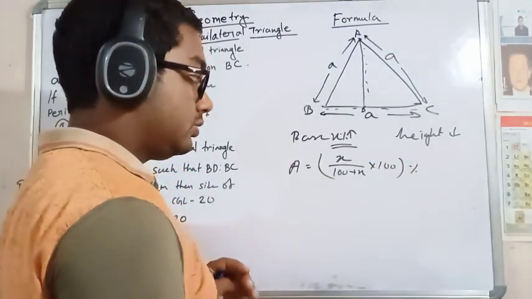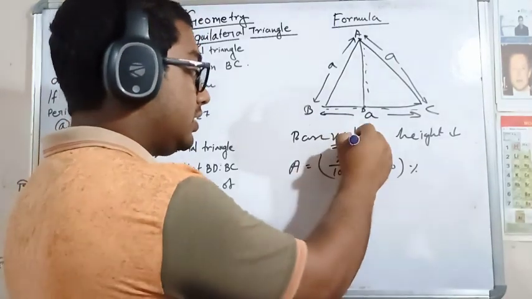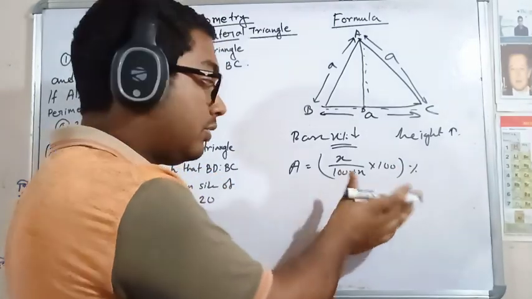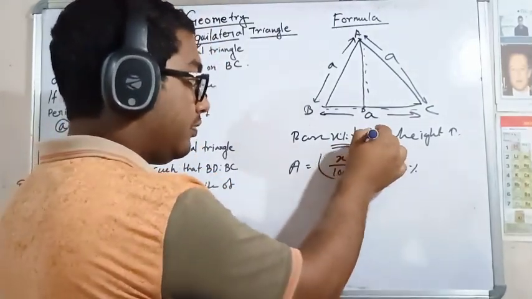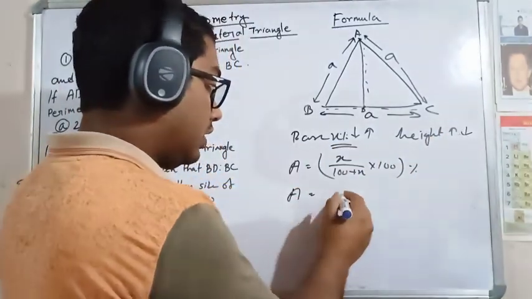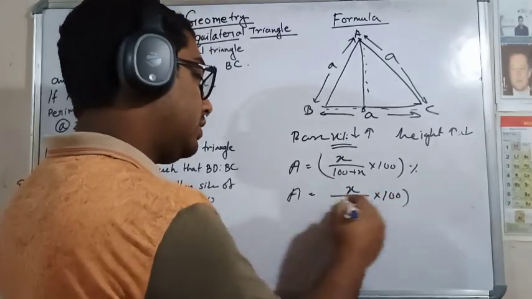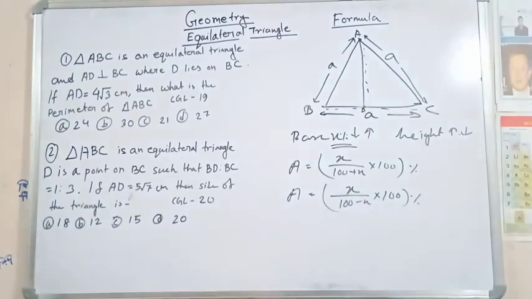Okay, this is when the base increases and the height needs to decrease. But if we need the base to decrease and the height to increase, then we do (x by 100 minus x) into 100%. Okay, those are the basic formulas.